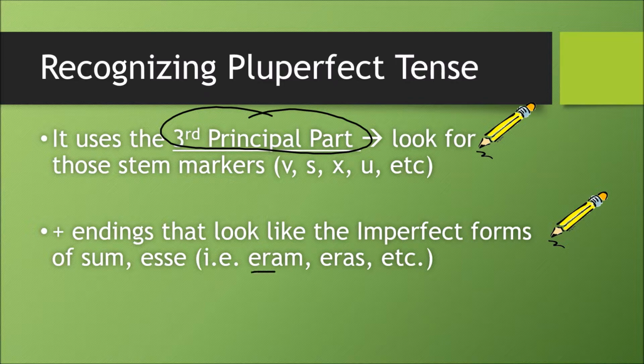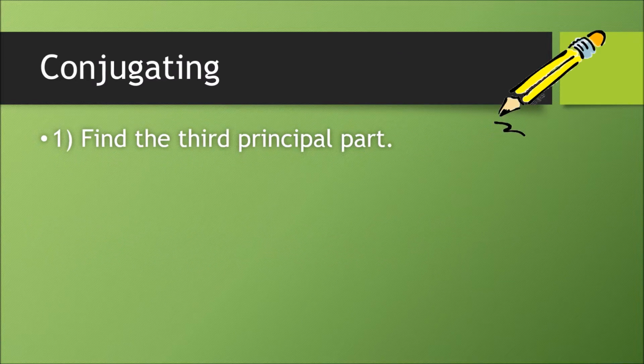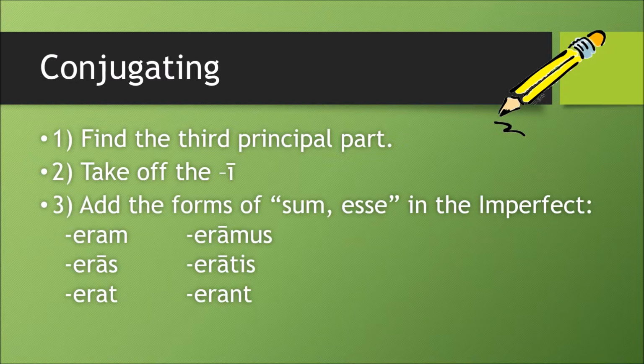So what we're talking about is your eram, eras, erat that I had you conjugate and practice earlier. So once again, when you conjugate a pluperfect tense verb, you're going to find the third principal part, take off the i, and then add eram, eras, erat, eramus, eratis, and erant as endings.